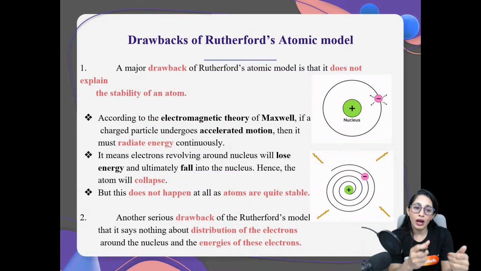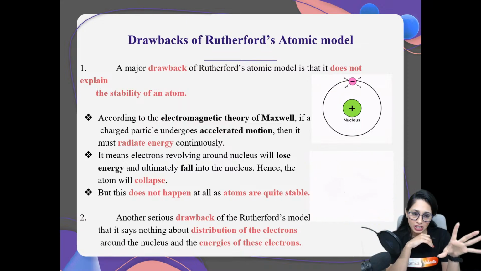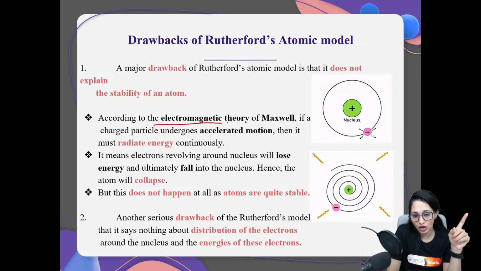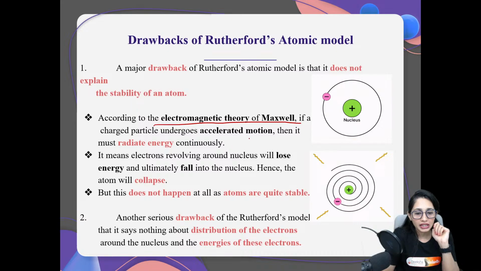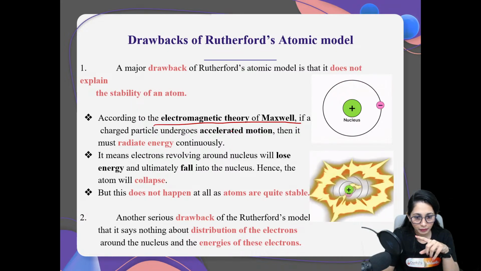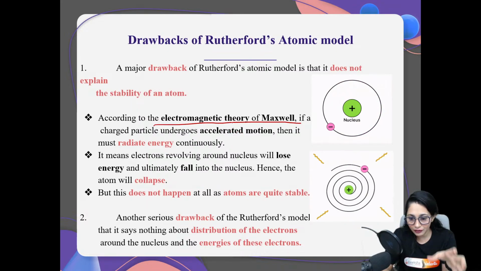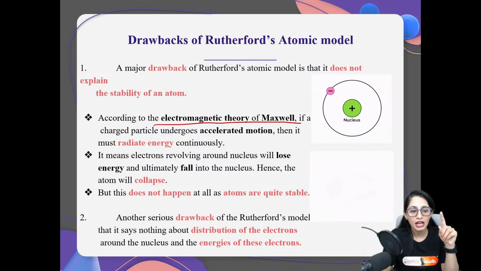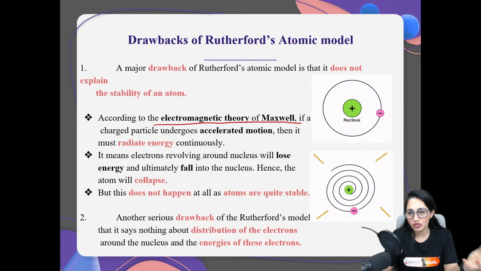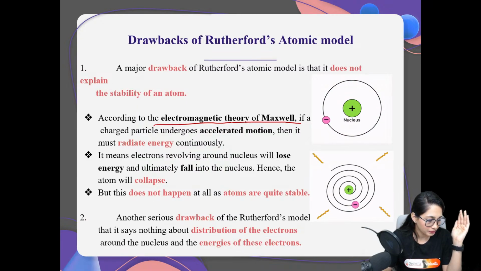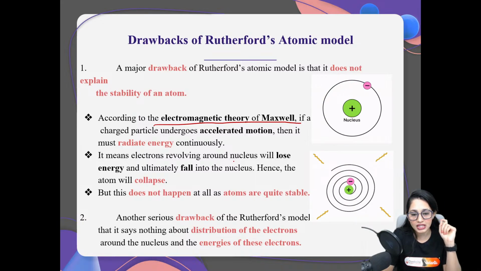According to the electromagnetic theory of Maxwell, which you will study in higher grades, if a charged particle undergoes accelerated motion, be it a positively or negatively charged particle, it must radiate some energy. It means electrons revolving around the nucleus will lose energy.